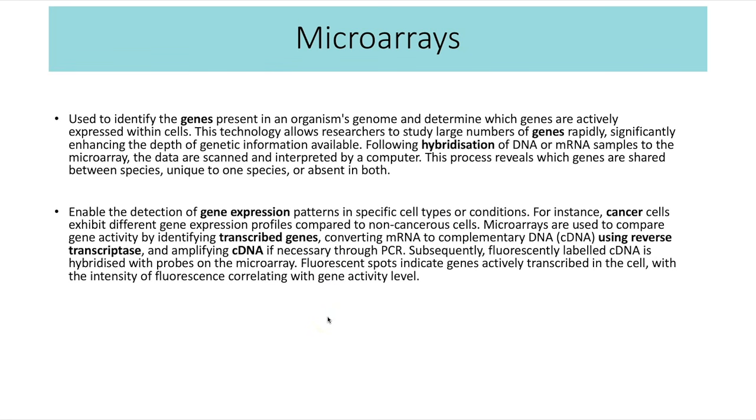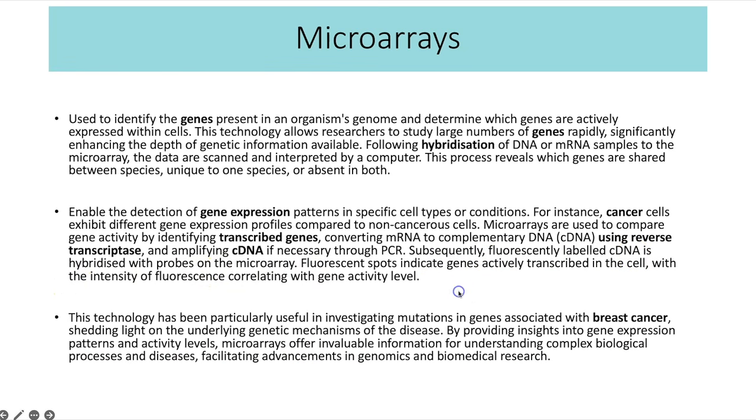So, for instance, cancer cells exhibit different gene expression profiles compared to non-cancerous cells, and microarrays are used to compare gene activity between transcribed genes, converting mRNA to complementary DNA using reverse transcriptase, and amplifying that complementary DNA if necessary through PCR. You then get these fluorescently labelled complementary DNA, which hybridize with the probes on the microarray.